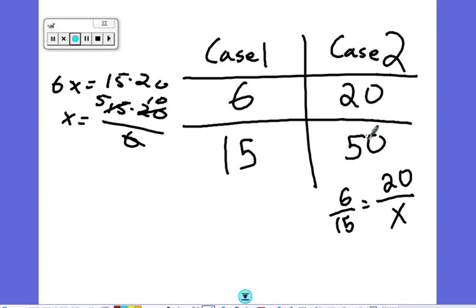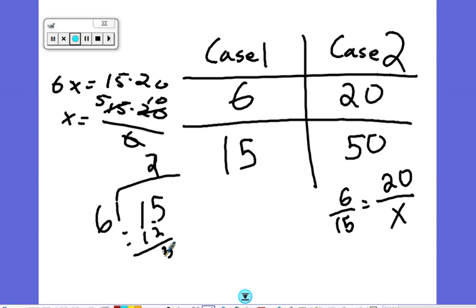Because either one's the same, you'll get the same answer. But let's do 15 divided by 6. Oops, that should be a 2. So each book is going to weigh 2.5 pounds on average. That's saying each book weighs 2.5 pounds, which is roughly your science book.